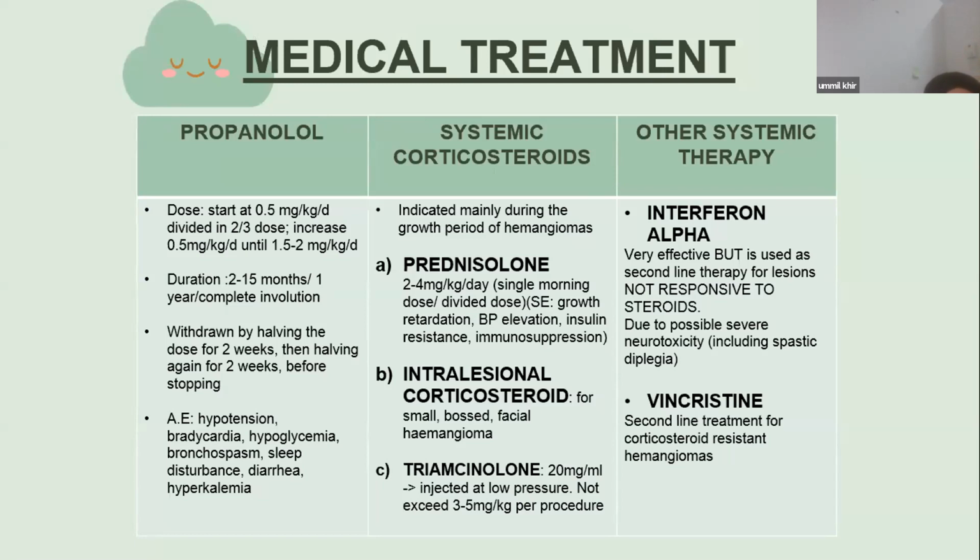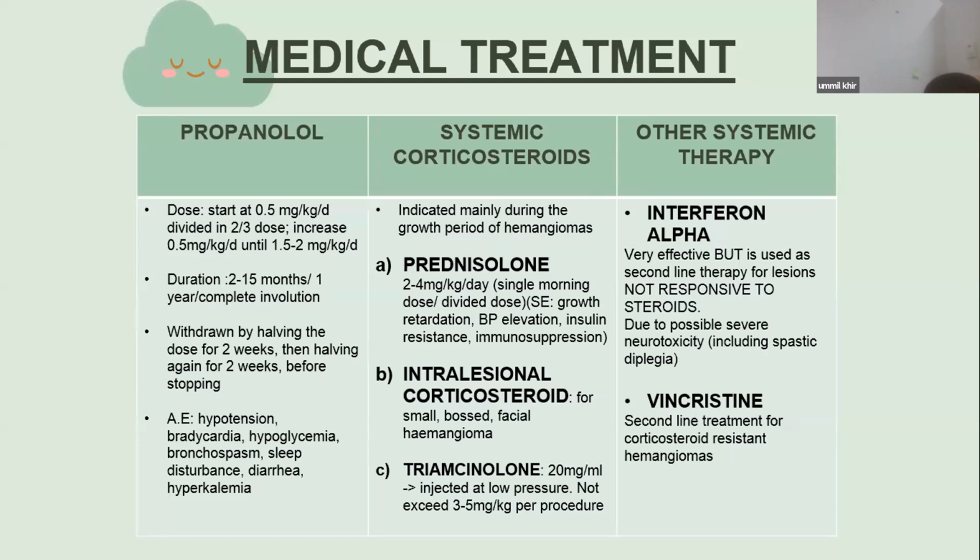0.5 milligram per kg per day in 2 to 3 divided doses orally, and then it is increased if tolerated, increasing the dose by 0.5 until reaching the optimal therapeutic dose of 1.5 to 2 milligram per kg per day.